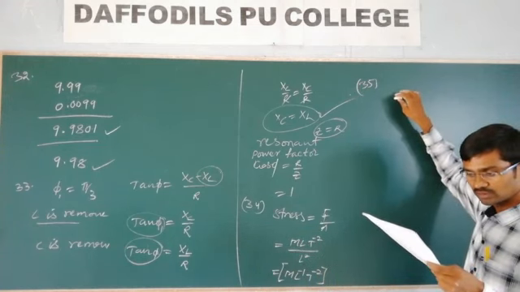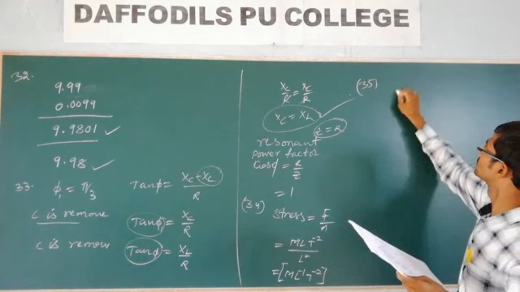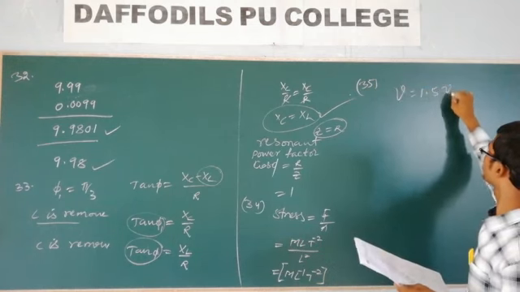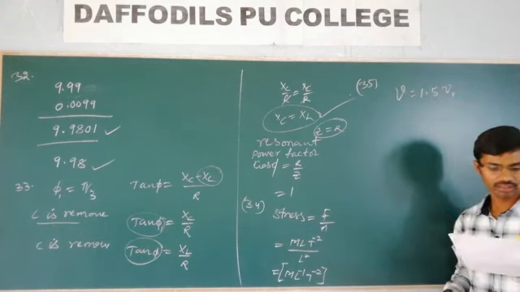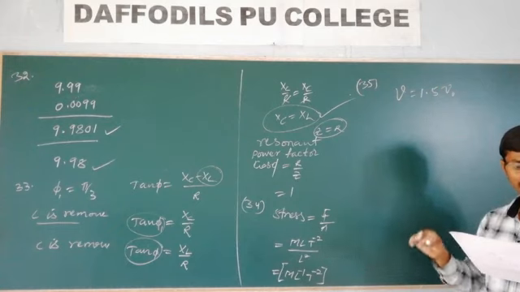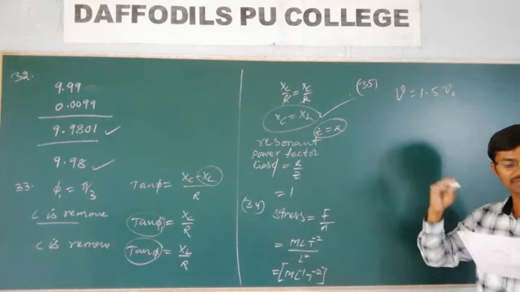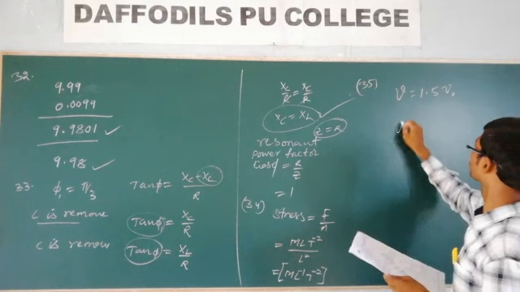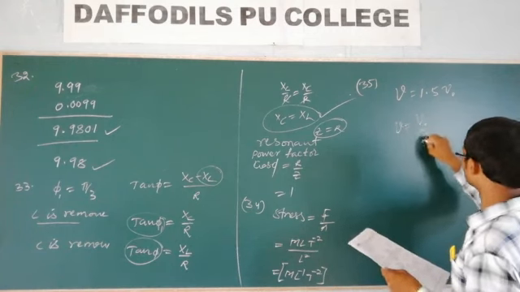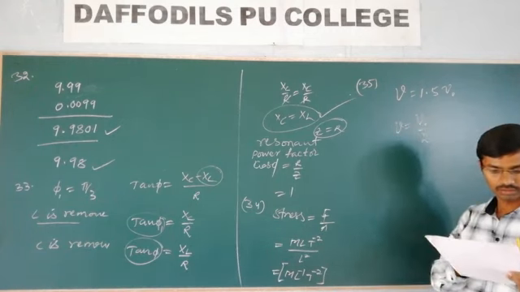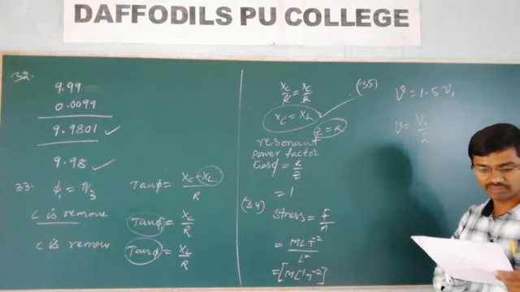Light of frequency, which has dual nature. In that, light of frequency 1.5 times the threshold frequency is incident on a photosensitive surface. Now the incident frequency is 1.5 times the threshold frequency.